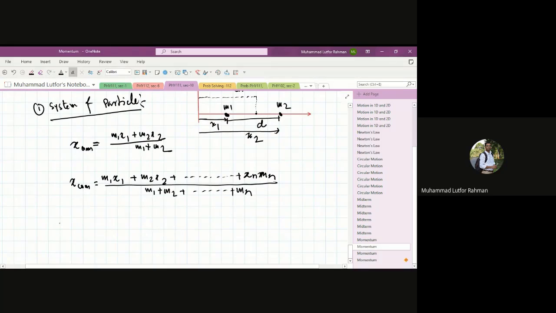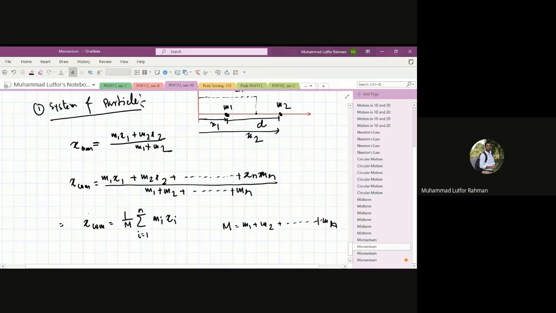Right, in the general case, we can express this equation in a form. XCOM would be 1 over capital M times the sum of Mi xi, where i runs from 1 to n, and the bigger M is the summation M1 plus M2 plus dot dot Mn.